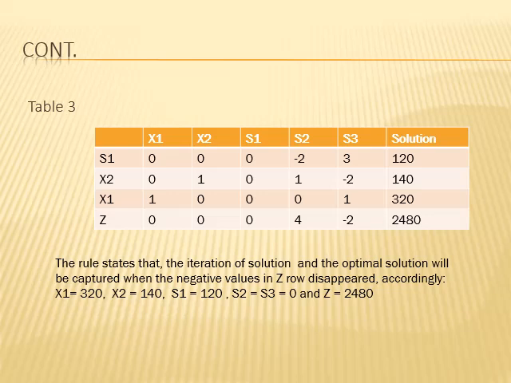Now just focus on the values of Z: 0, 0, 0, 4, negative 2. The rule states that the iteration of solution stops and the optimal solution will be captured when the negative values in the Z row disappear.